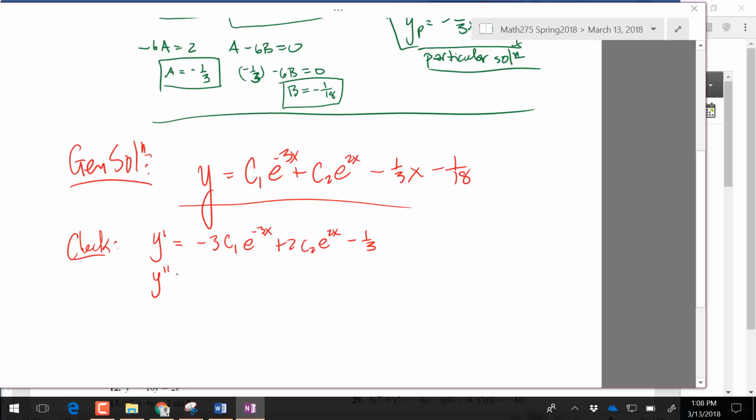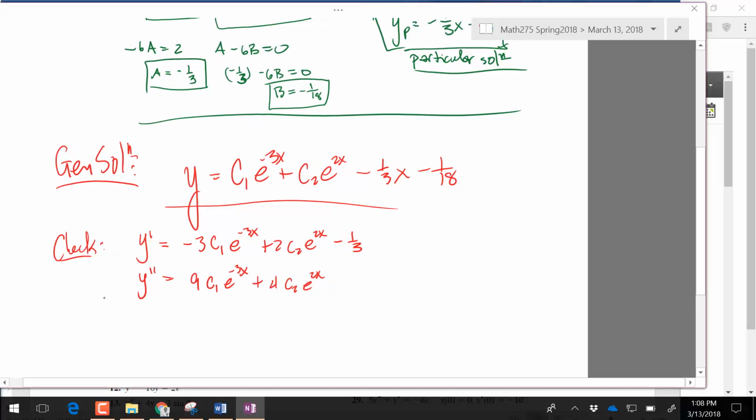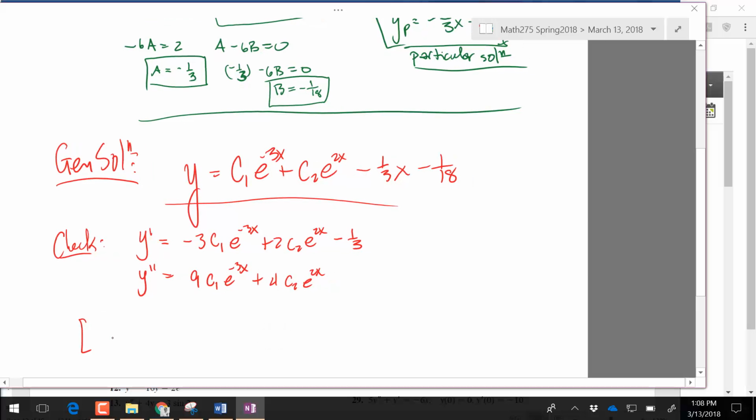And then the second derivative is positive 9c1 e to the minus 3x plus 4c2 e to the 2x. And then that's it. So let's drop that into the differential equation. So our y double prime is 9c1 e to the minus 3x plus 4c2 e to the 2x.